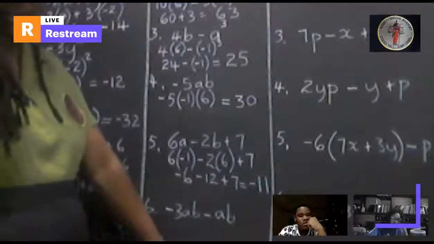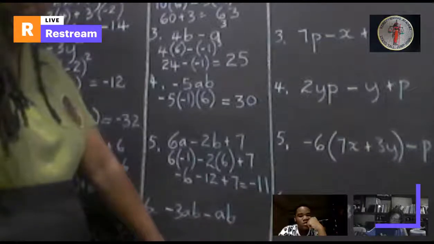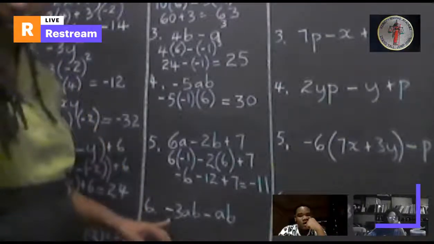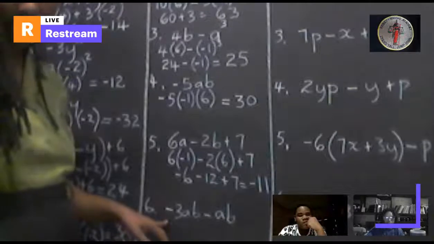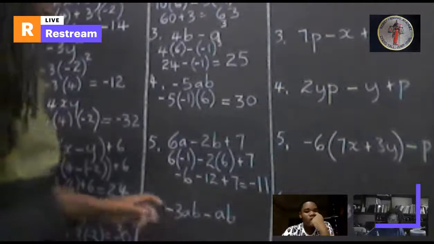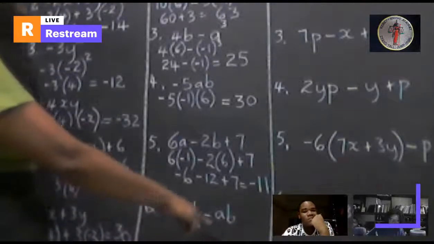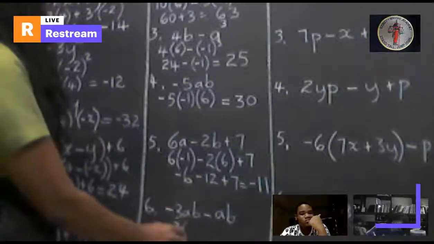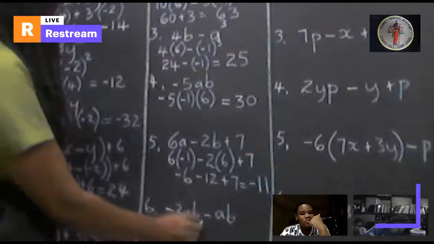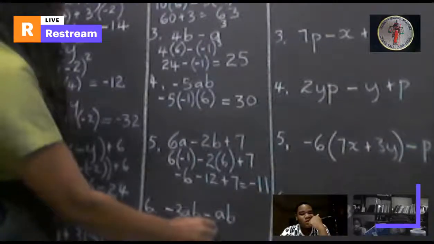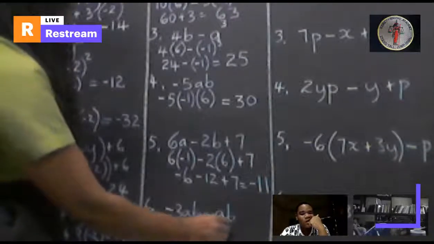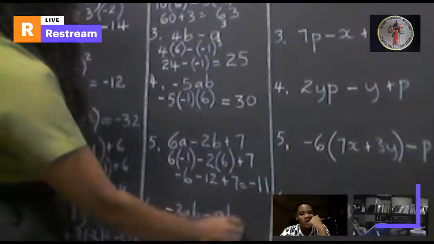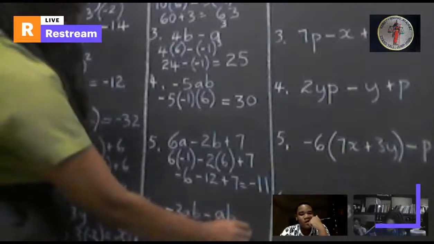Yes, miss. Okay. And number 6, negative 3ab minus ab. So it's negative 3 times negative 1 times 6, minus negative 1 times 6.